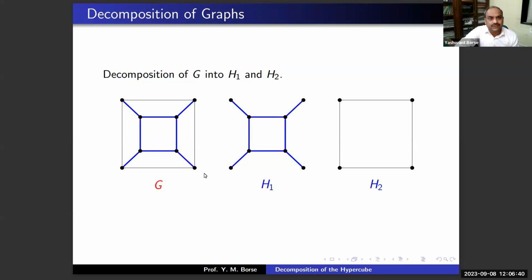For example, this is a graph G on the left side, and on the right side there are 2 subgraphs H1 and H2 of G, and we have decomposed G into H1 and H2. See, H1 and H2 are edge disjoint and their union is G. So G is decomposed into H1 and H2 here.